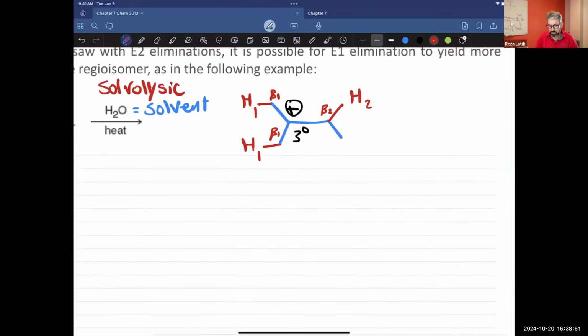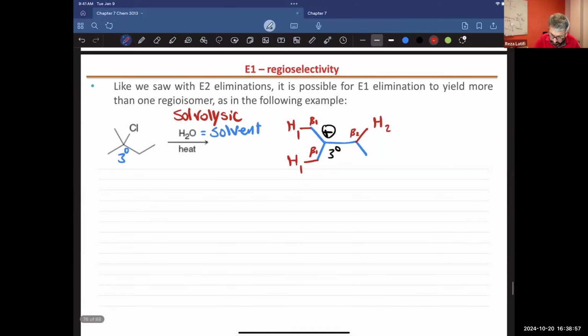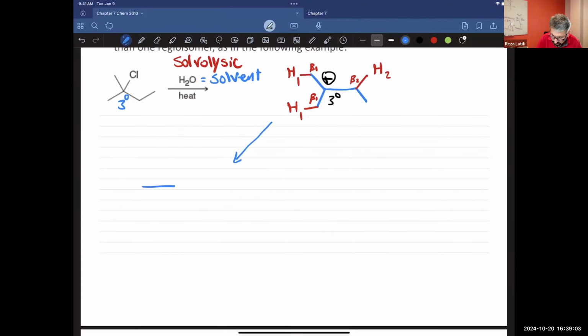Now, if I remove a hydrogen from beta 1, one of the products that I will get will be this. I will have a double bond here, and here I have a methyl. That's if we go through beta 1.